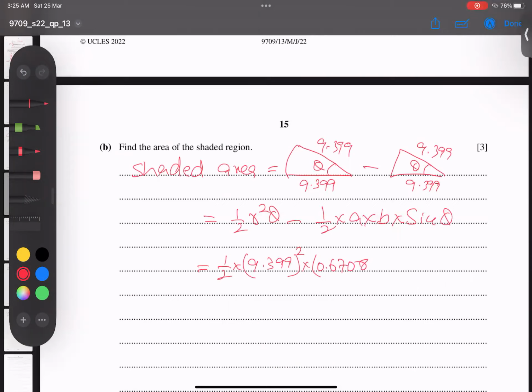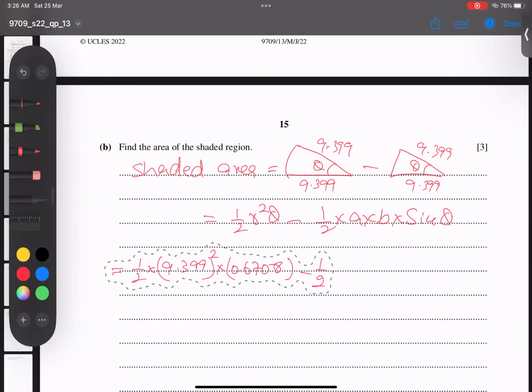Okay, and then after that, I will go for the next part. This half into, maybe space issue, so I make it slightly drag here. Front side is 9.399, and second side is 9.399, and sine of the middle angle, which is 0.6708.